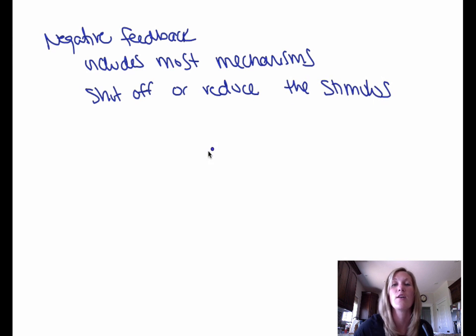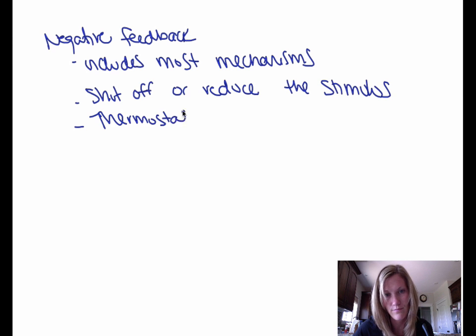It'll reduce the intensity of the original stimulus. An example is a thermostat, and there's a picture of a thermostat in your textbook. So if negative feedback is still really confusing to you, I really recommend that you go look at your book and ask me if you have questions.